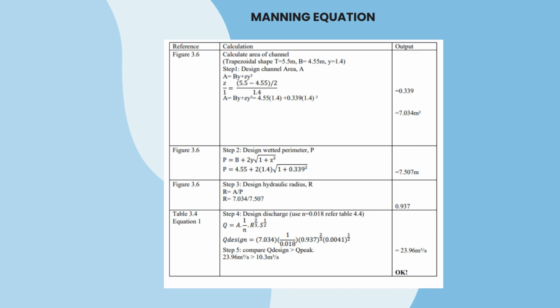We get Q design equal to 23.96 meter cube per second. Step 5 is to compare Q design and Q peak. Q design is 23.96 meter cube per second, bigger than Q peak, which is 10.3 meter cube per second.